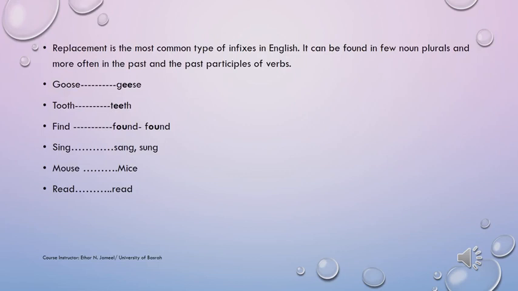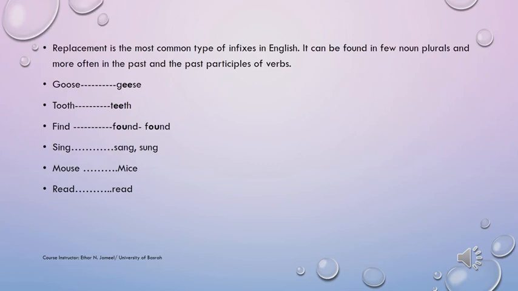Find. Find is a verb without any addition in the base form. Found. The past of find and the past participle of find is found. What happens is that we did not say finded. We did not add ed to make find past and past participle because this verb is irregular.